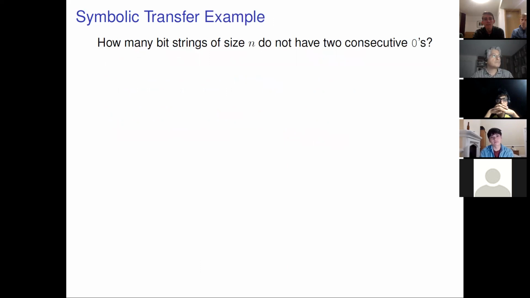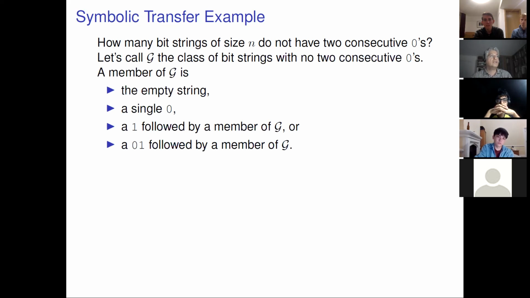Okay. Now, as an example of a symbolic transfer, let's look at this counting problem: how many bit strings of size n do not have two consecutive zeros? There are several ways to do this, but one way is to define the class of bit strings that satisfy that property recursively. You either have the empty string or you have just 0.